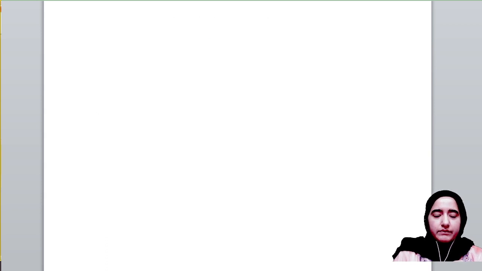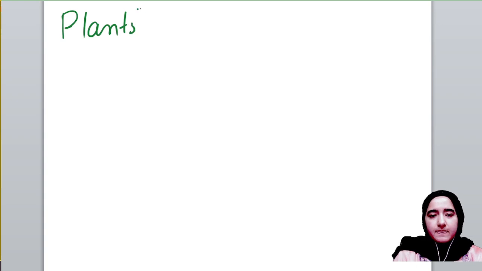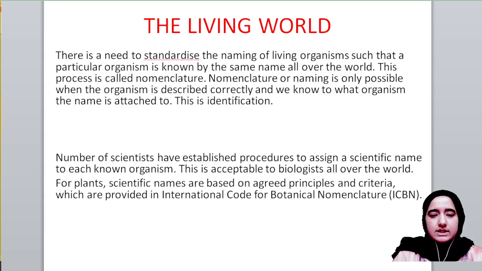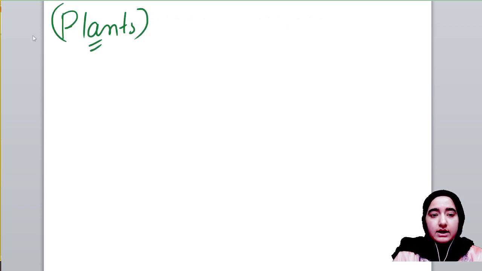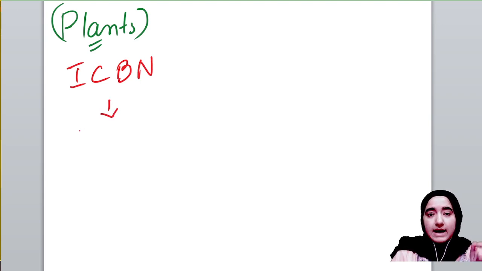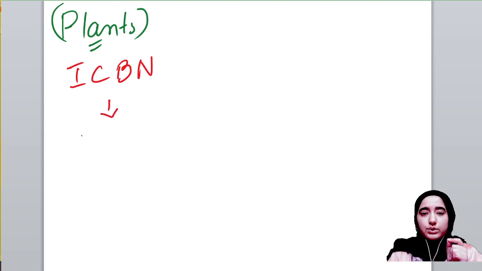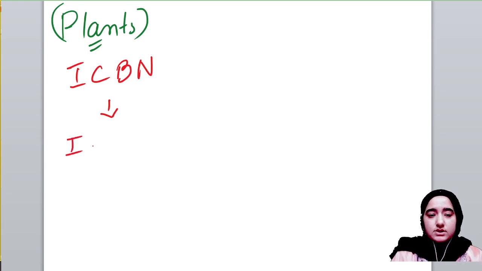Say for example, we have to produce names for plants. That is given by ICBN. Please remember its full form, as it may come in your boards as well as competitive examinations.